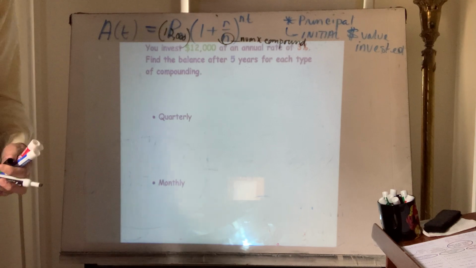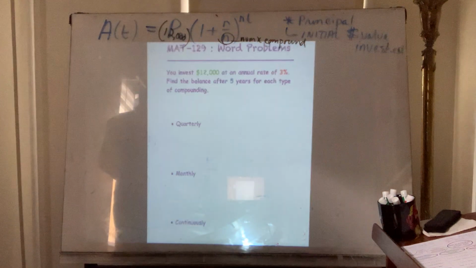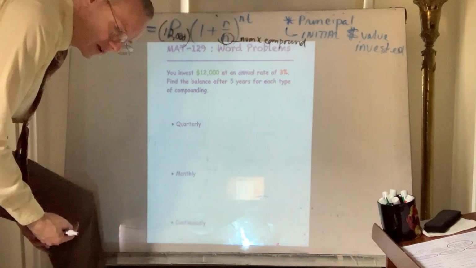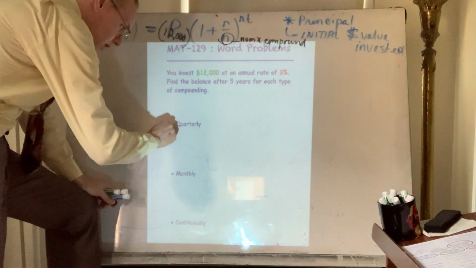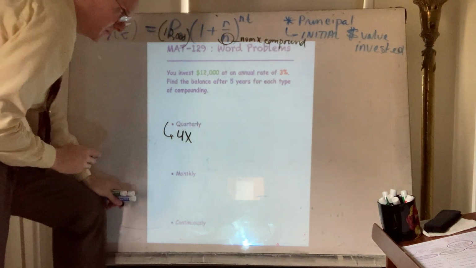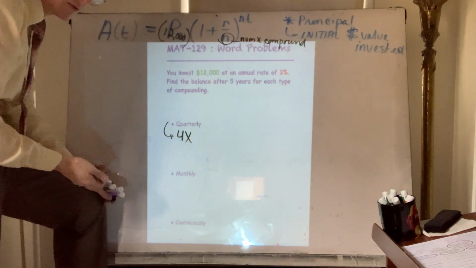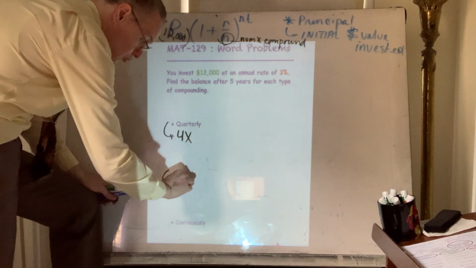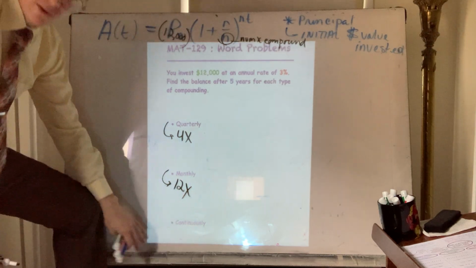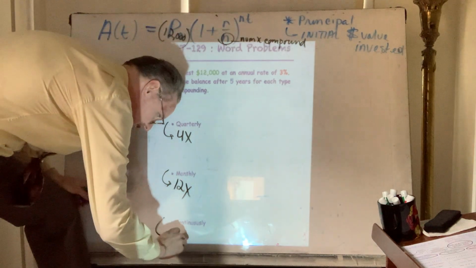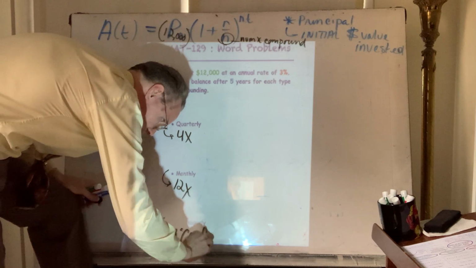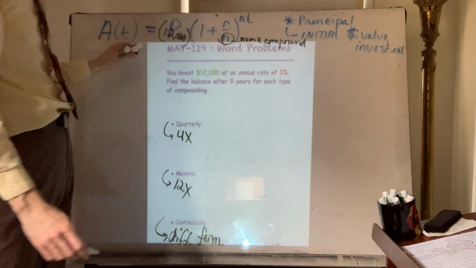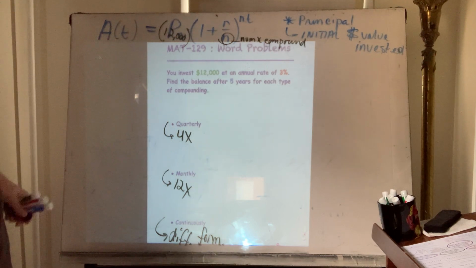In the case of quarterly, you're compounding 4 times a year, so you put a 4 there. If it's monthly, you're compounding 12 times a year. And if something is continuous, you're going to need a different formula, the continuous formula. But we could do quarterly and monthly using this one.